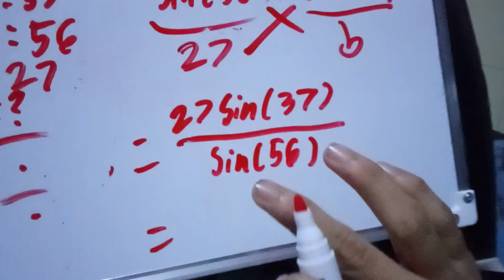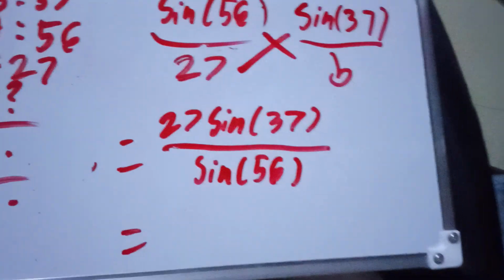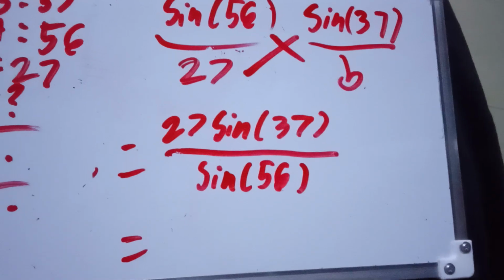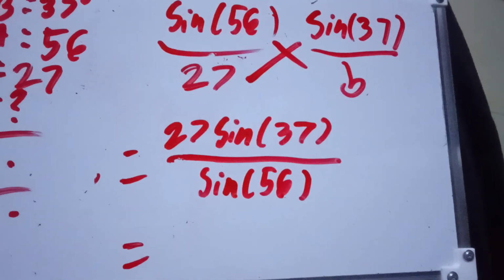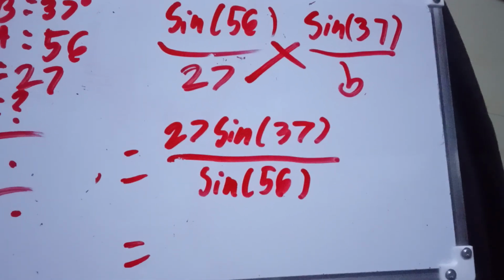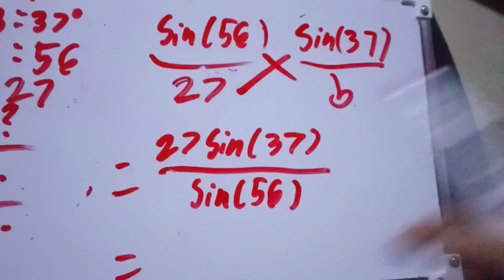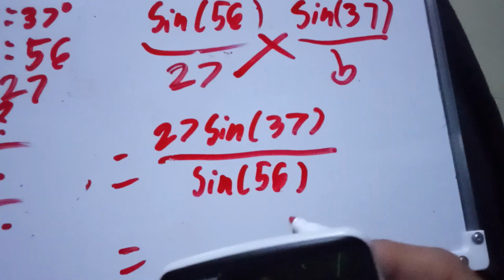But if you want to stay safe, let's read the question. Because if it says tens, your answer must be in tens, hundreds, or thousands. For me, I'm gonna stay safe. I'm gonna use the hundreds.